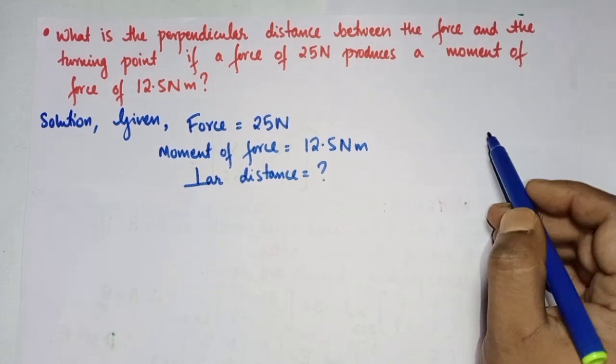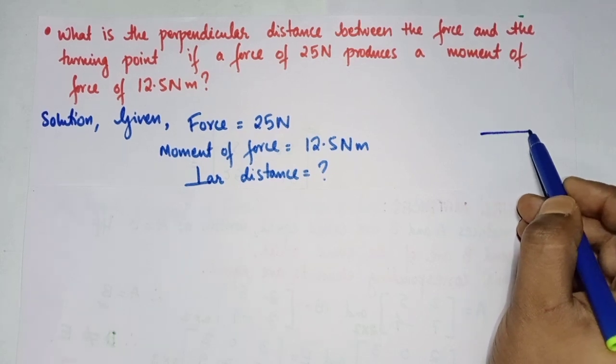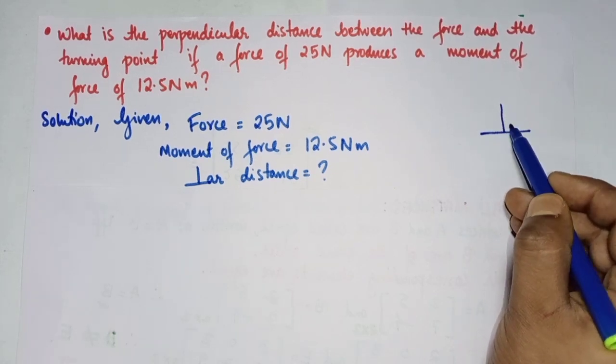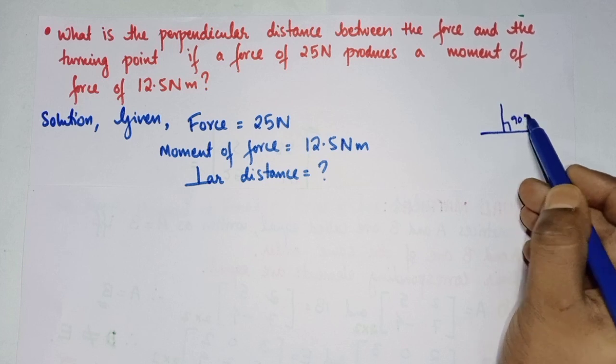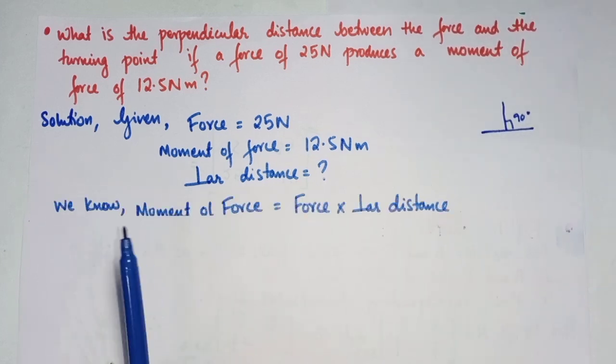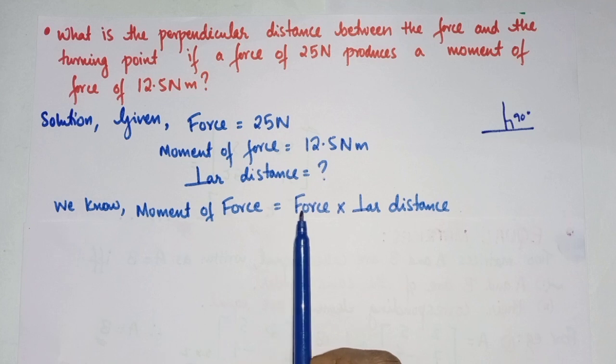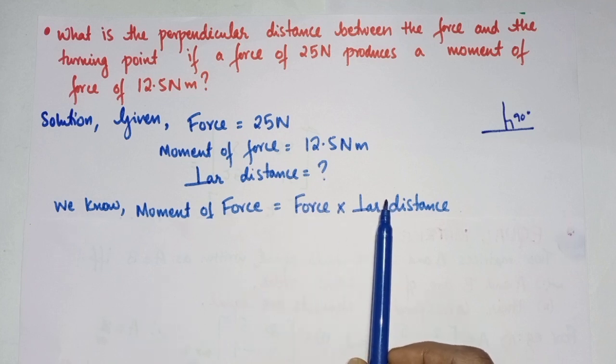Perpendicular, you know, means suppose a line is there and a point; this is called perpendicular. Perpendicular always means it has to be at 90 degree. Now we know that the moment of force formula is force into perpendicular distance. Hope you are clear with this.